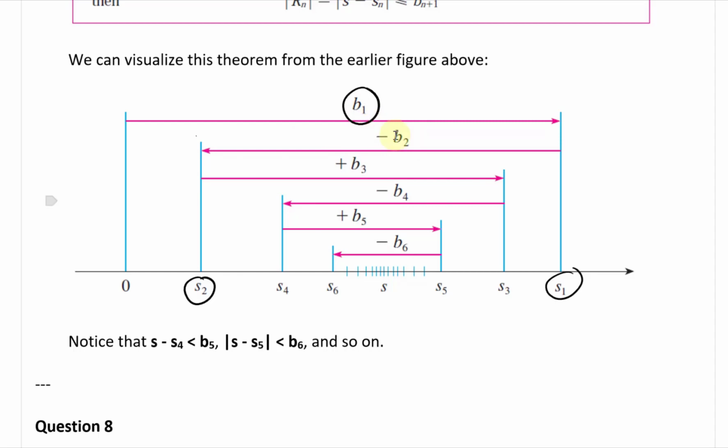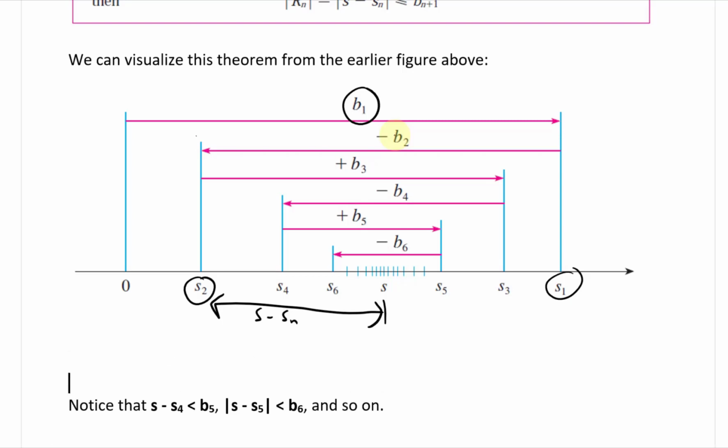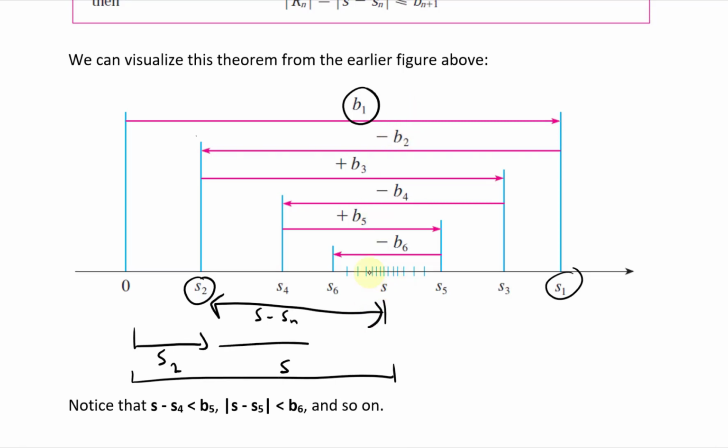The actual sum S of the infinite series lies between them. When you subtract, you get this remainder R.